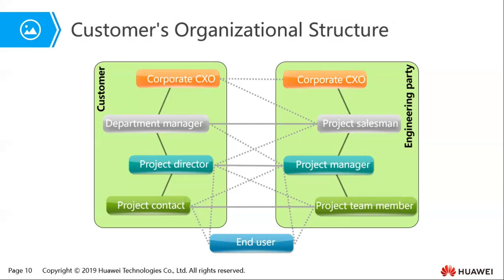Okay, let me just mention something that the project contact, this guy here, the project contact is responsible for routine affairs, such as leading engineers into and out of workplaces. So they're going to be there most of the time. Now, on the other hand, during the planning and the design, we communicate more with the project director.